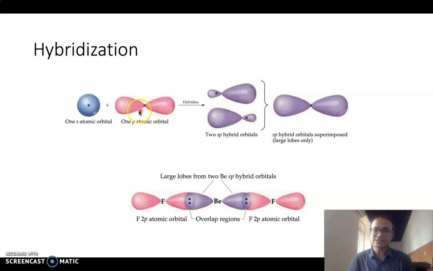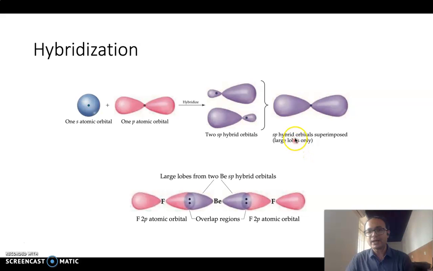Pauling suggested that there is a mixing of the s and the p orbital, leading to two hybrid orbitals called the two sp orbitals. Why is it called sp? Because it is the mixing of one s and one p orbital. When two atomic orbitals mix, it leads to two hybrid orbitals, and both are equivalent, and both are termed sp hybrid orbitals.